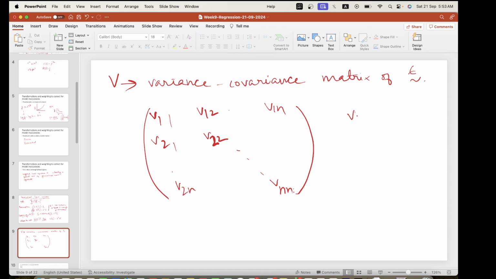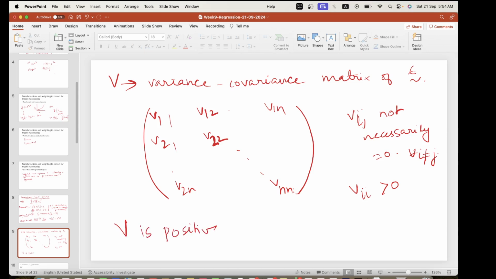Vij is not necessarily equal to 0 for all i not equal to j, and Vii is always greater than 0. And another thing, since this is a variance covariance matrix, V is, we learned, positive definite.